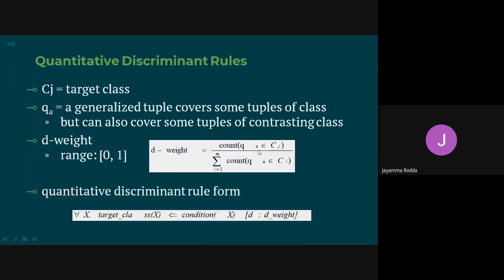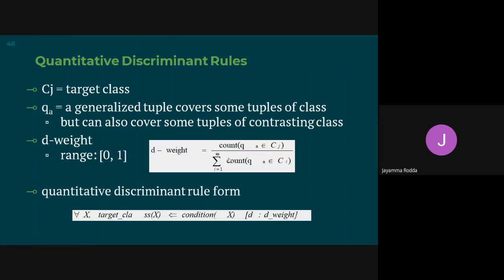Count of QA, where QA belongs to CJ, divided by the summation of count of QA belongs to CI, which means the number of tuples which QA covers. Here M stands for the total number of target and contrasting classes.